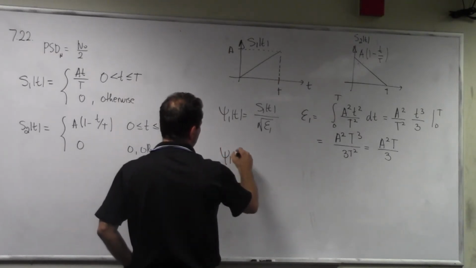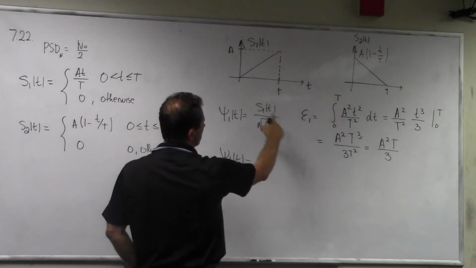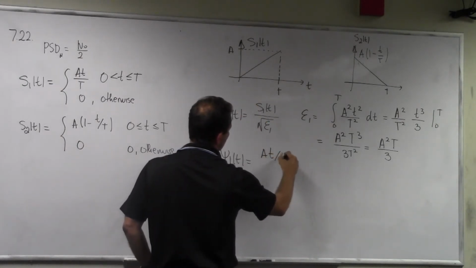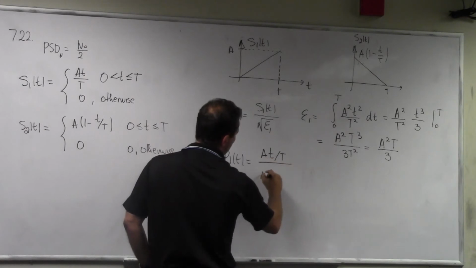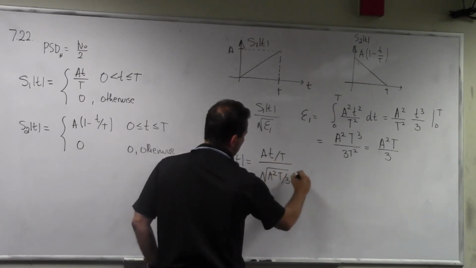So psi 1 of t becomes S1 of t divided by this. So this is A t over capital T divided by square root of A squared T over 3.